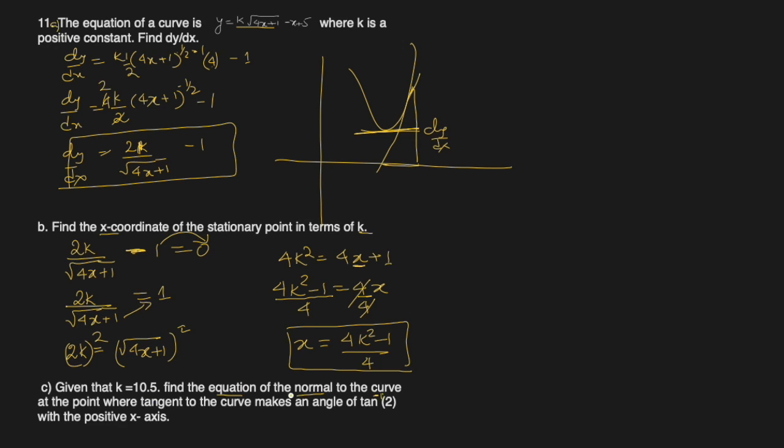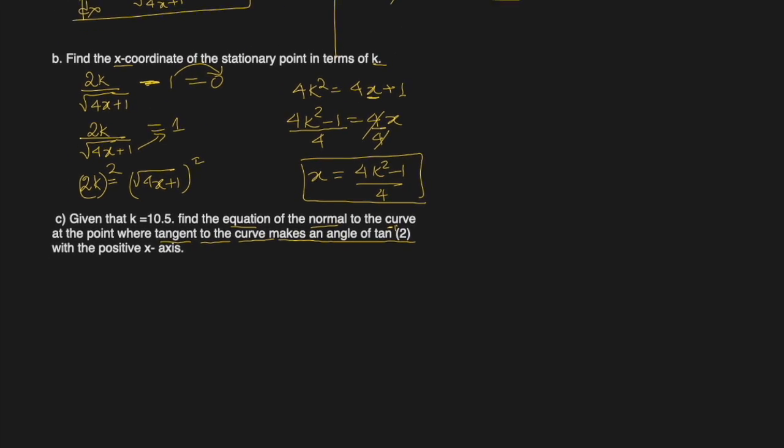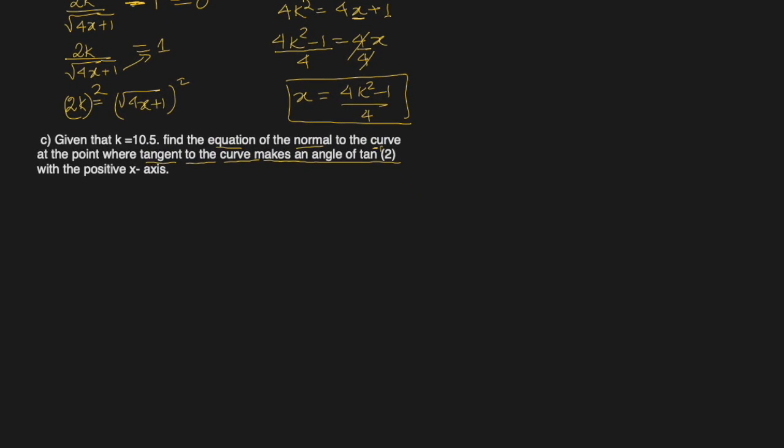So the interpretation of this: the tangent to the curve makes an angle of tan inverse 2. In other words, they're asking you to make the gradient equal to 2. And gradient is nothing but dy over dx, which is equal to 2. And dy over dx was this one, in terms of k.